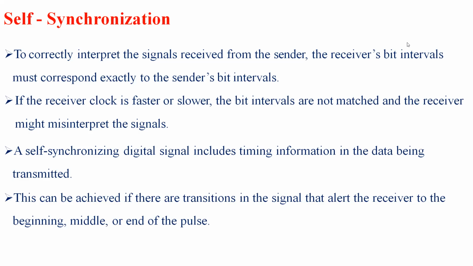When the sender starts sending a signal to a receiver, at that point the sender gives an alert message to the receiver. When the signal is in the middle, the transmission is in the middle state, and the sender again sends an alert message saying that the transmission is halfway done.